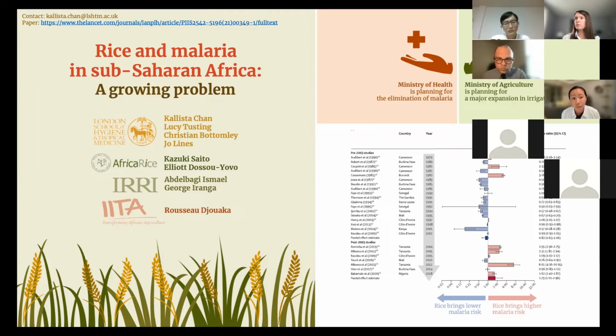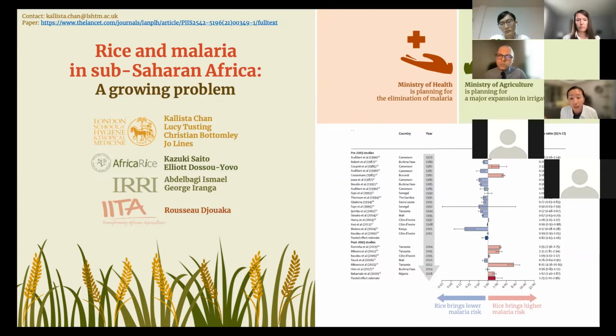But in studies performed after 2003, in the lower part of the graph, malaria prevalence was 70% higher in rice communities. This means that previously, when there was little protection against malaria in poor rural communities, rice communities were better protected because rice farmers could afford bed nets, drugs, and better housing.